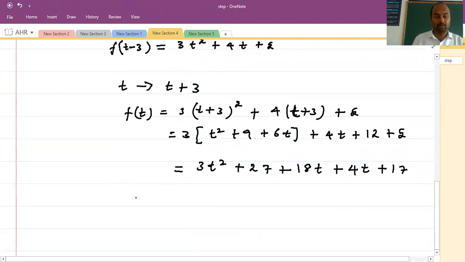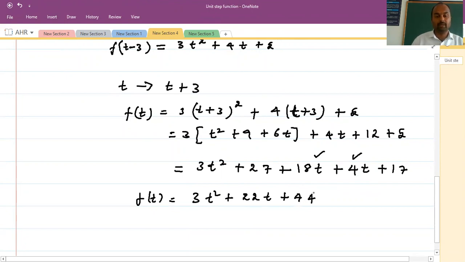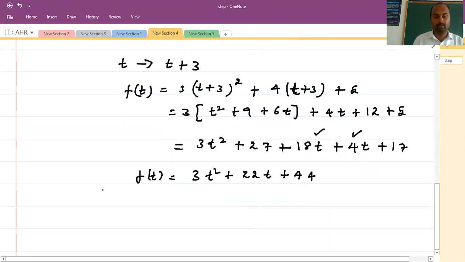Finally, f of t will be 3t square plus 22t, since 18 plus 4 is 22, plus 44, since 27 plus 17 is 44. Now it is the third step: we have to find the Laplace transform.